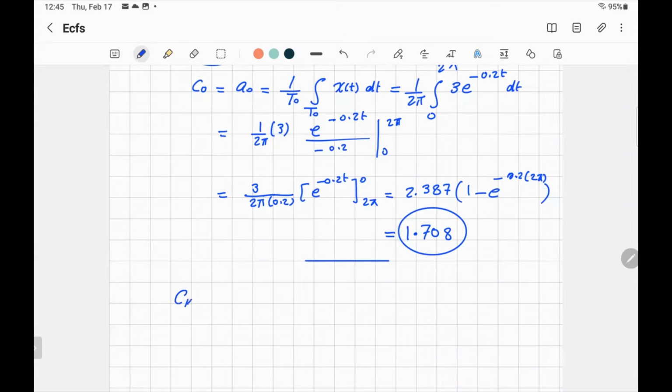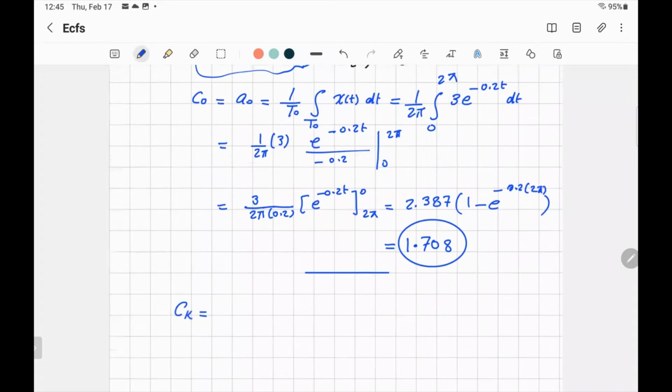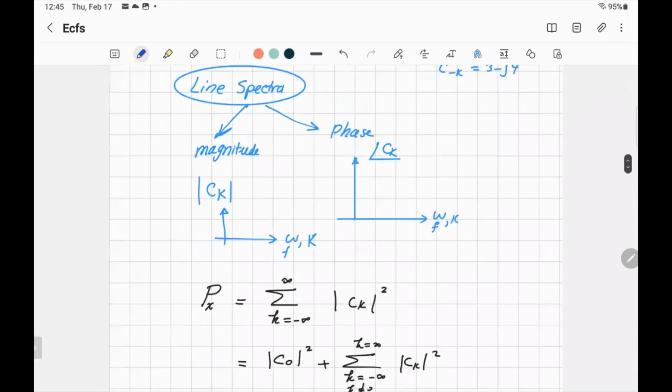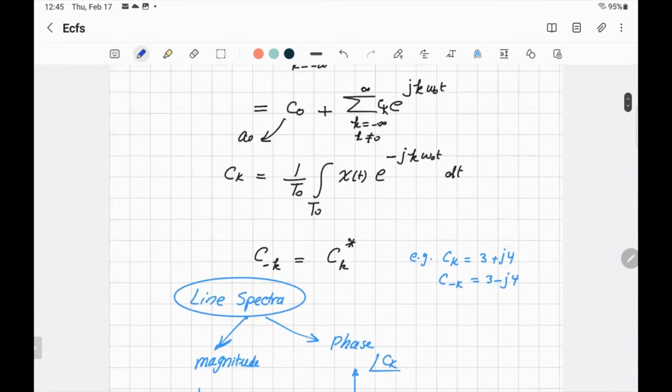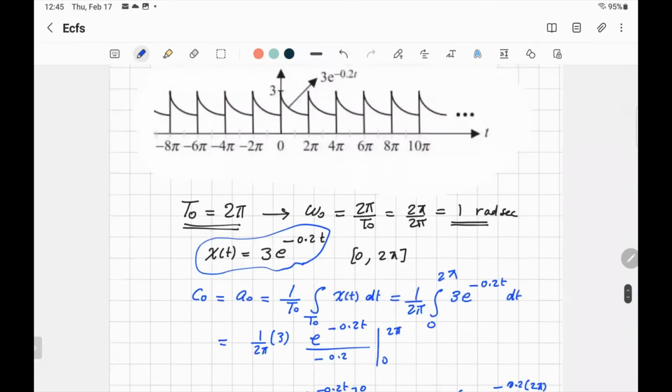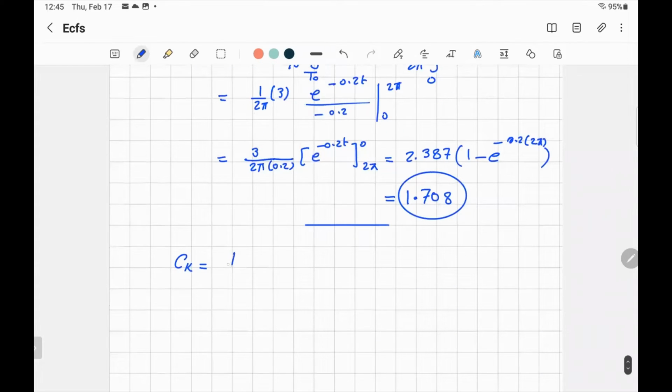Let's just see. What's CK? Let me review what's the expression for CK. It's the same thing as when I did A naught, but I'm multiplying by e to the power minus jk omega naught t. So I will write 1 over T naught, the integration from 0 to T naught, x of t, e to the power minus jk omega naught t dt.